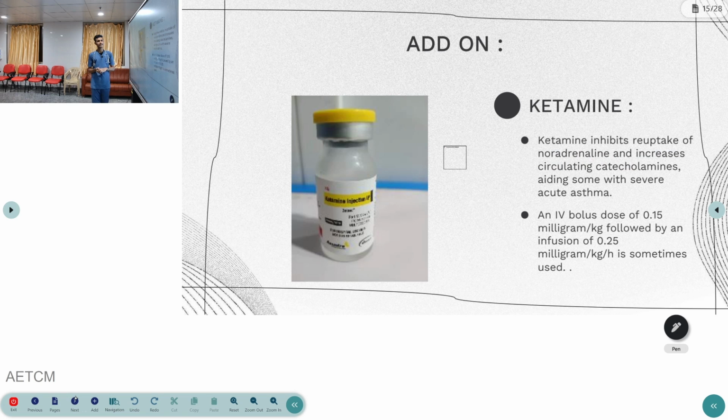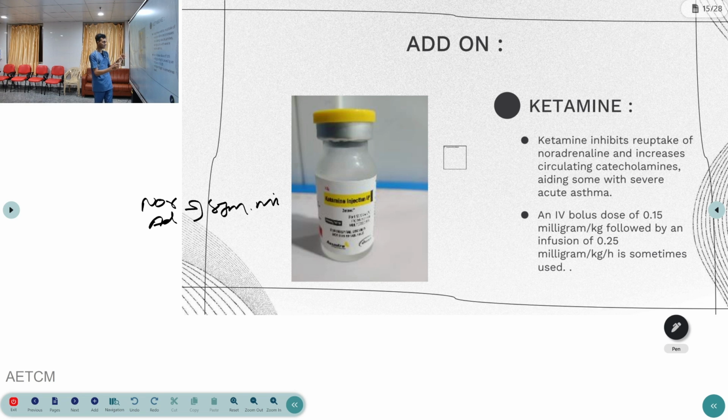And then next is ketamine. Ketamine inhibits the reuptake of noradrenaline and increases circulating catecholamines, aiding in severe acute asthma. Noradrenaline and adrenaline, we know, are sympathomimetic drugs. Sympathomimetic means they act along with the sympathetic system, thereby increasing the heart rate and the force of contraction, and dilating the bronchus.